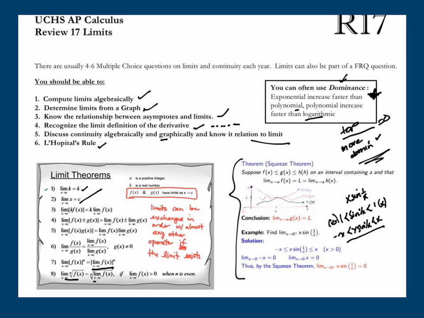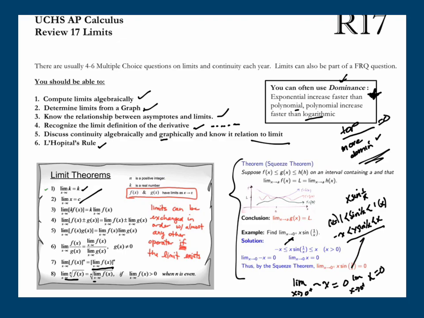And the squeeze theorem says that if I take the limit of the first one, as x goes to 0 of -x, that equals 0. And the limit as x goes to 0 of x is equal to 0.